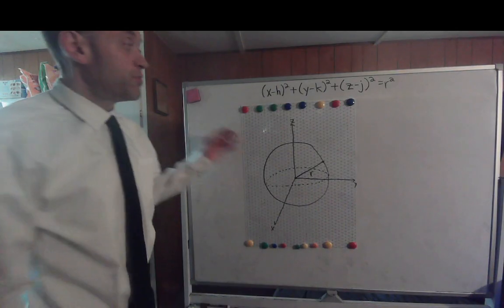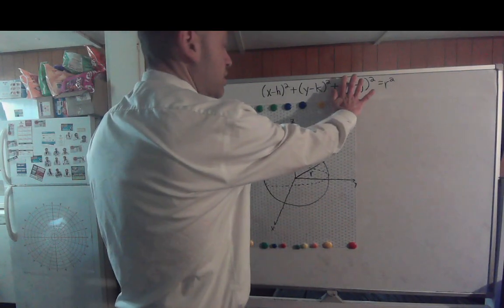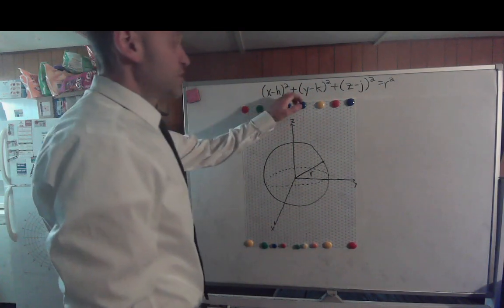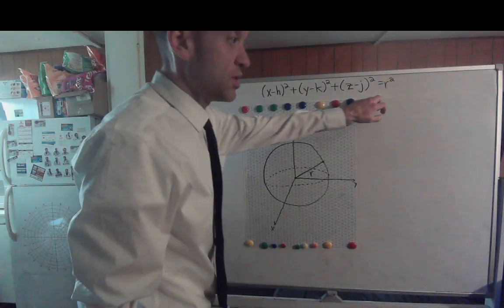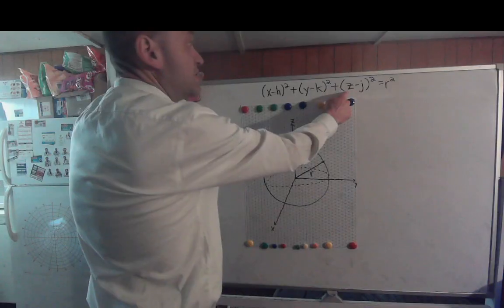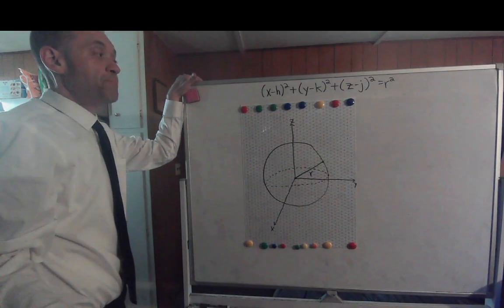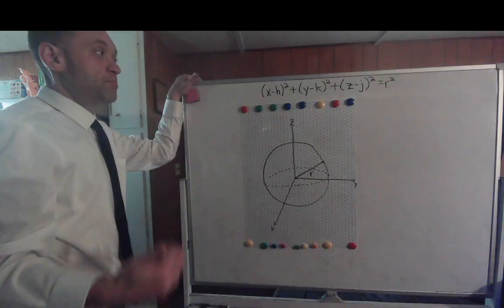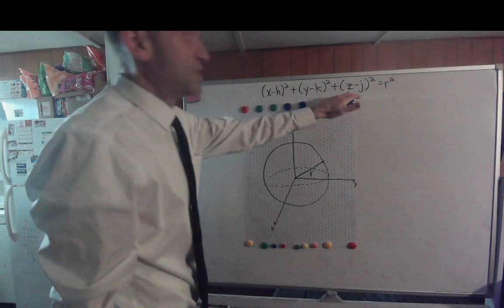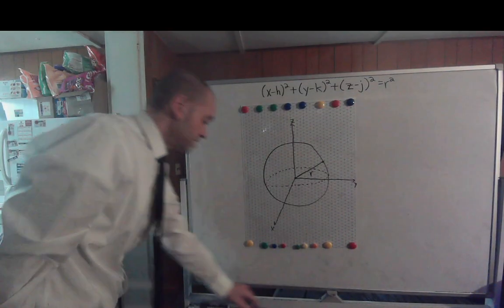Now, if we cover up this z part, you just have the equation of a circle. x minus h squared plus y minus k squared equals r squared. Well, when you have a sphere, you just add this plus z minus j squared. That's the typical equation of a sphere. You just simply add the z minus j squared component.